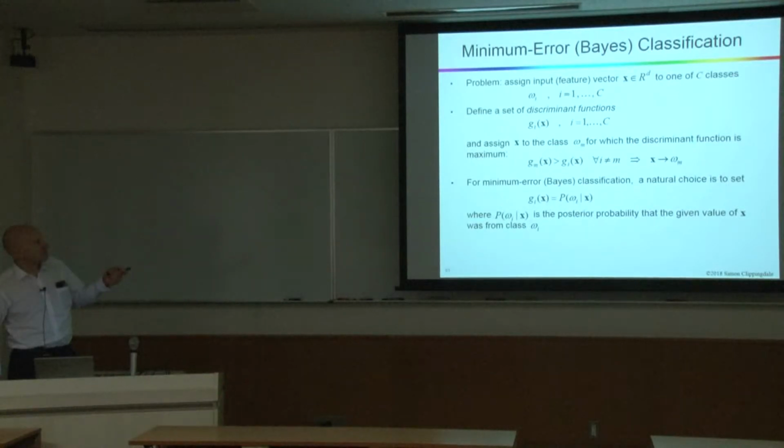So for all i not equal to m, all the discriminant functions for class i are smaller than the discriminant function for class m at the location of your input vector.